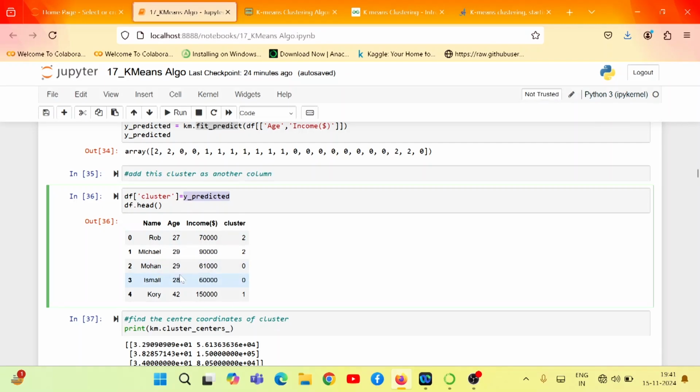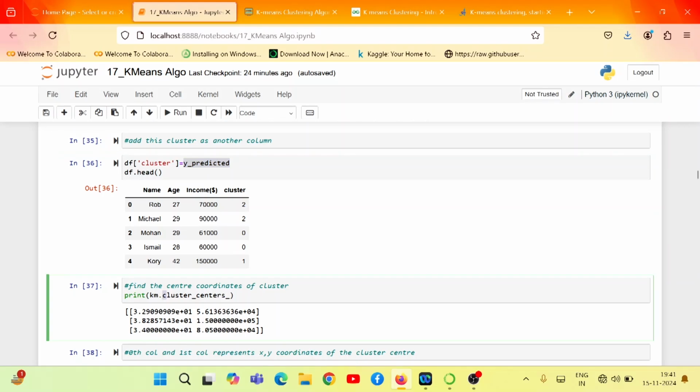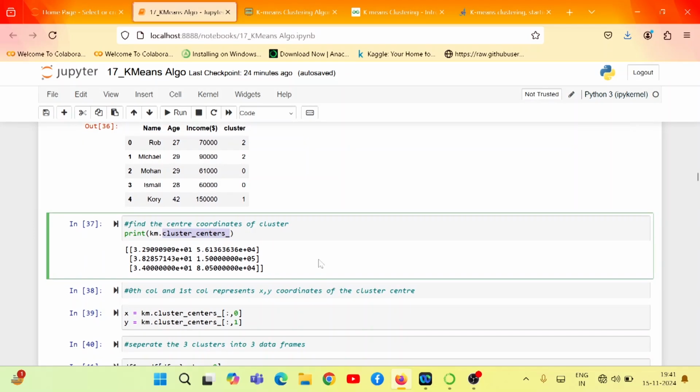Let us find out the coordinates of each cluster center. This can be obtained from the cluster_centers_ property. With the help of this, we can find out the coordinates of each cluster center. If you execute this, you will see the centers.